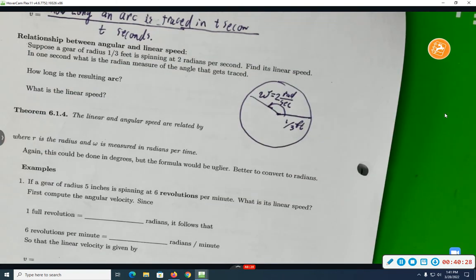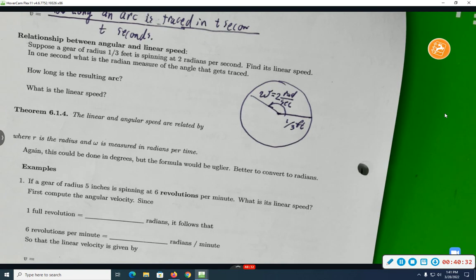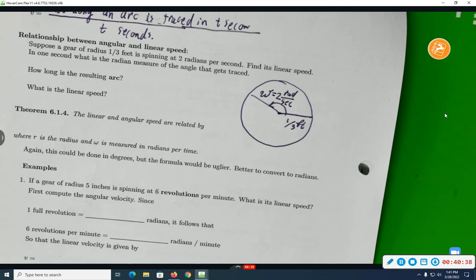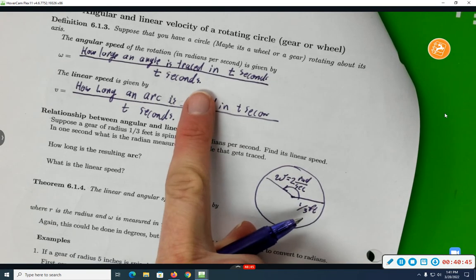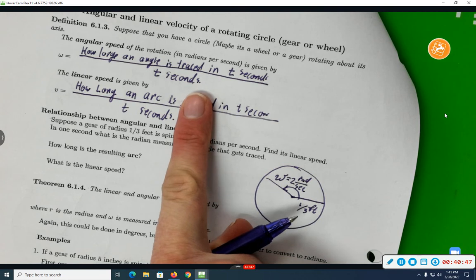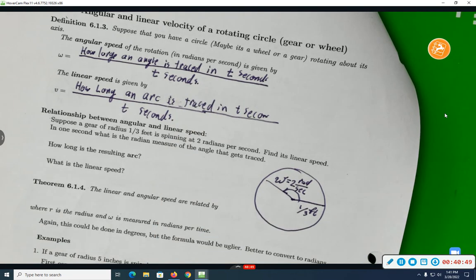Let's try to figure out what the linear speed of this gear is. So let's think of it this way. So this definition says, well, wait some amount of time and then divide by the amount of time you wait. So let's wait exactly 1 second and see what happens.